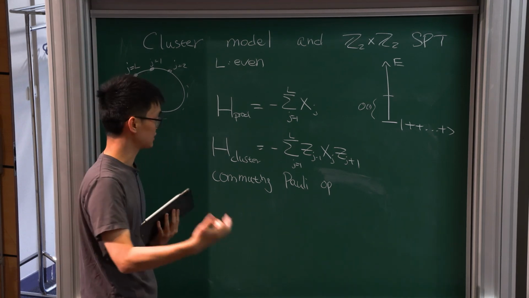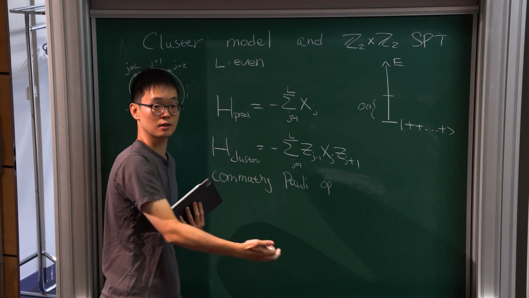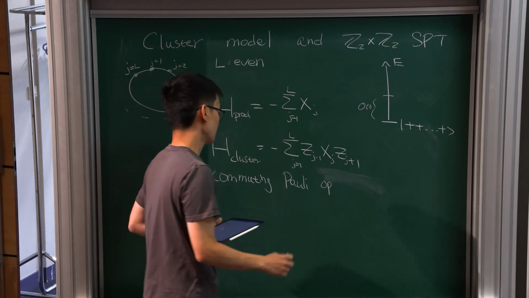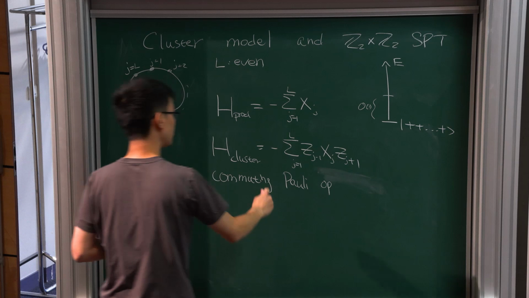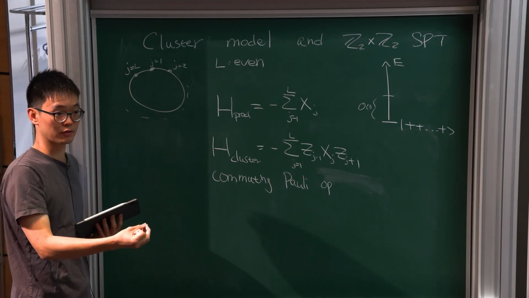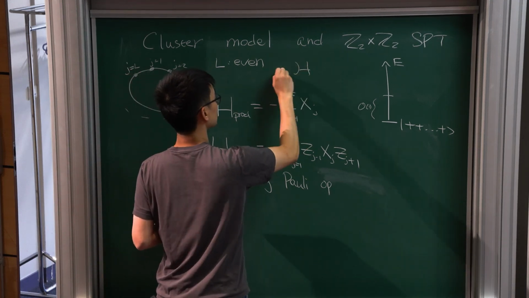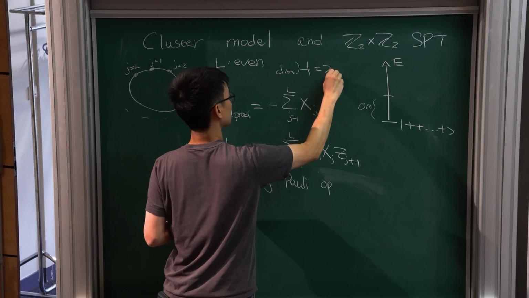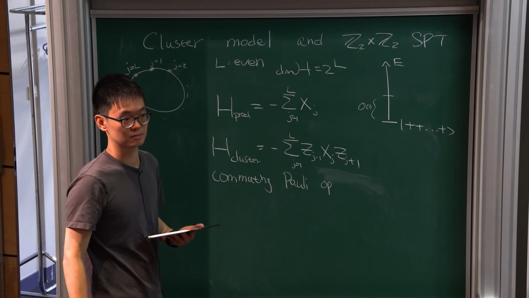The ground state is just obtained by setting every one of the terms to be +1. Each restriction will reduce the subspace by a factor of half. Since you have a 2 to the L dimensional Hilbert space to start with, and you have L such constraints, you have a unique ground state.